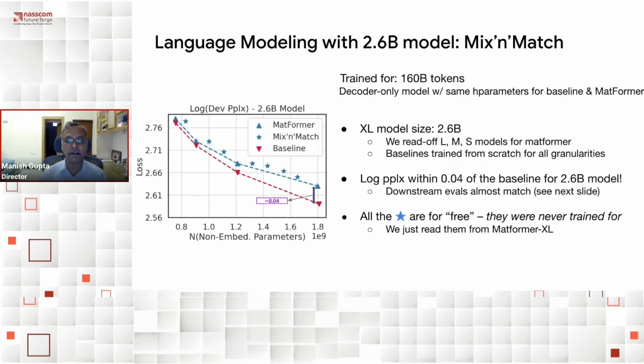And what we've been able to show, by doing this not just for vision models but also large language models, is that just by training a model once, we are able to get all of these different variants, which are shown here in the star color, with almost the same power as the original separately trained model for that particular size.